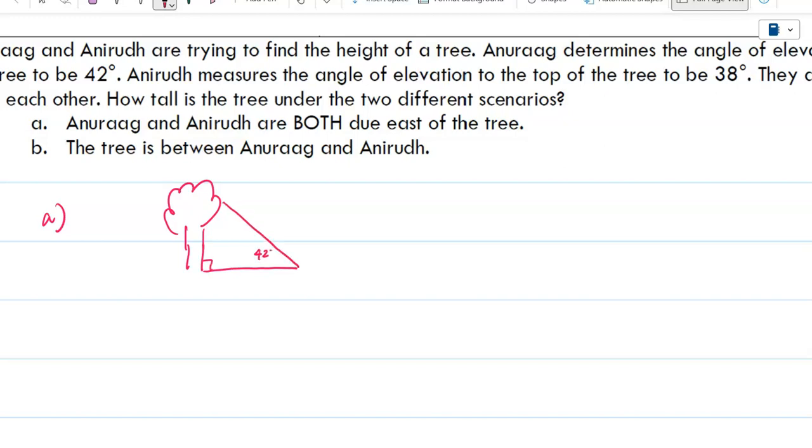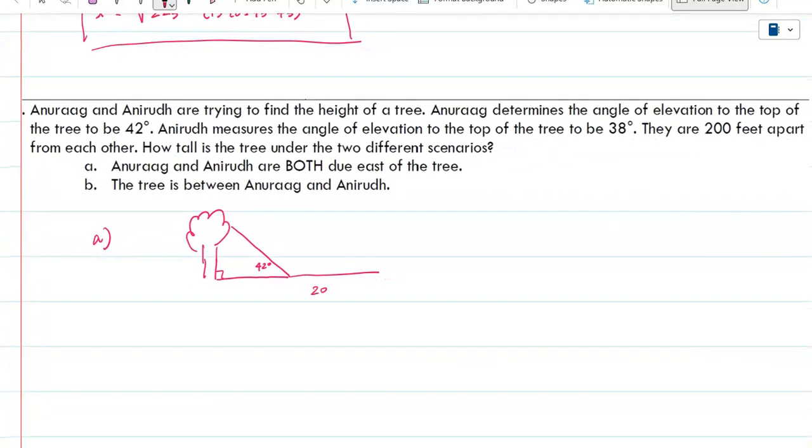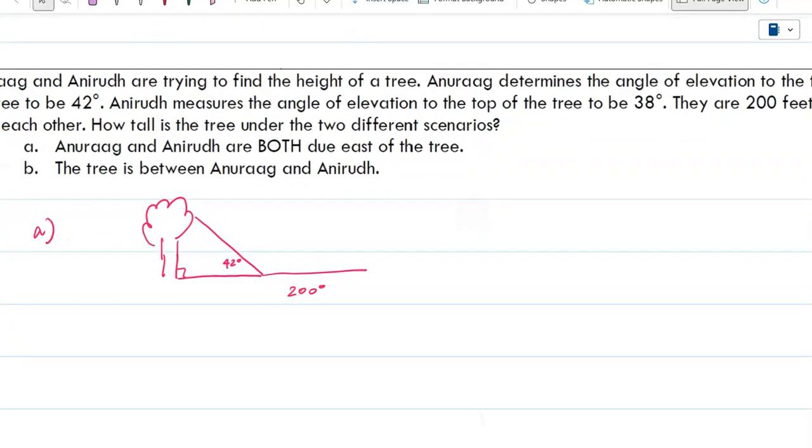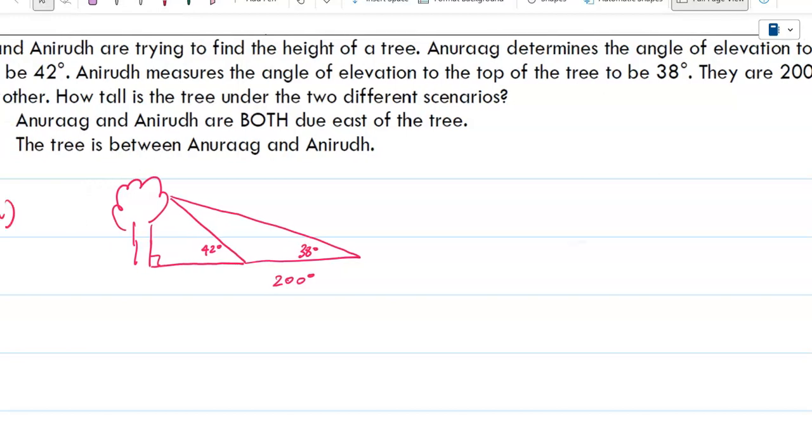The distance between them is going to be 200. And that extra distance, from the same point, creates a smaller angle of elevation. You can visually see that.